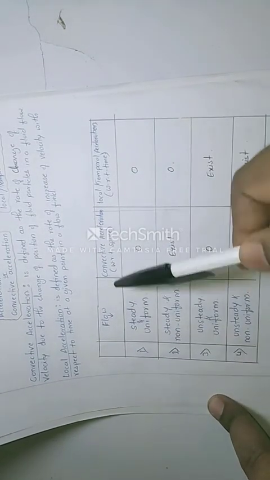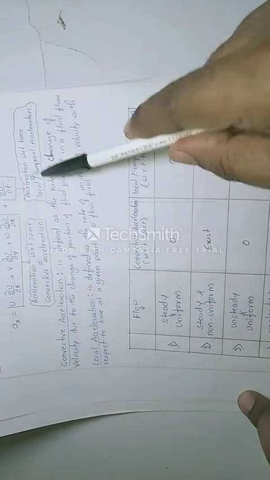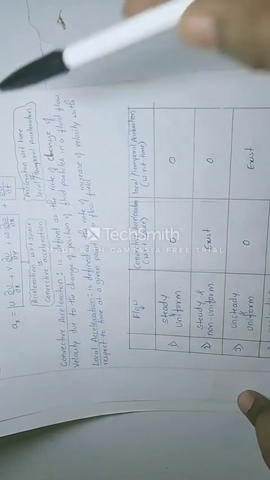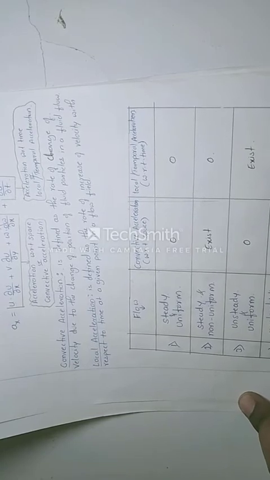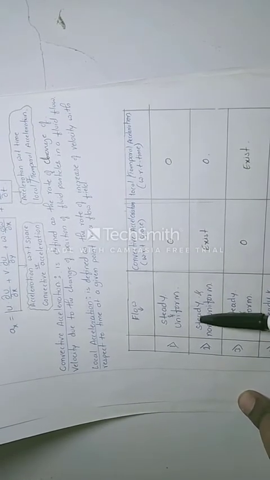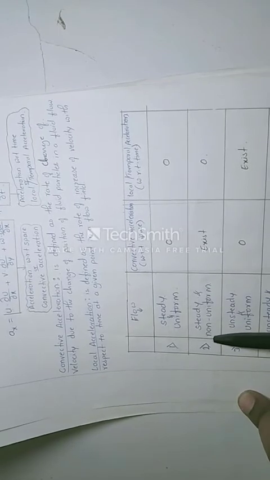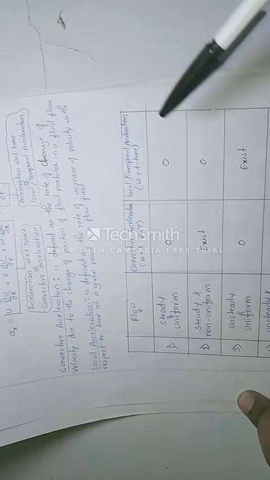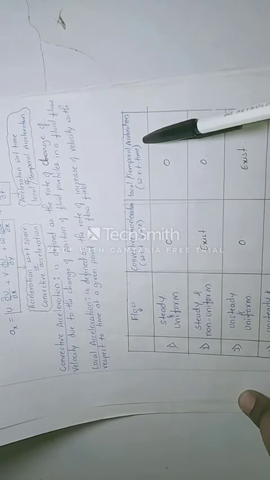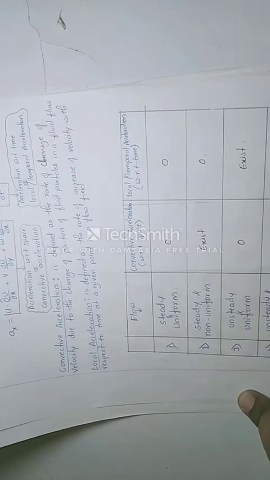Steady flow means with respect to time it is constant, so the local or temporal acceleration is zero, and non-uniform means the expression for convective acceleration exists.